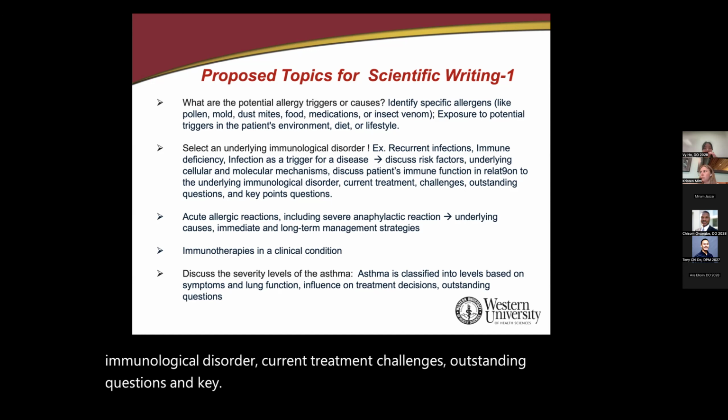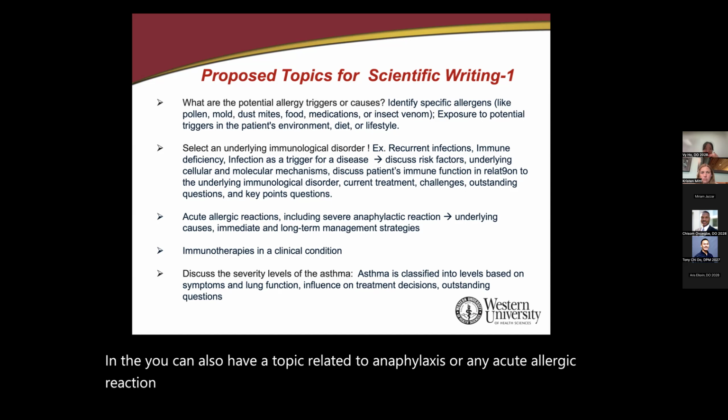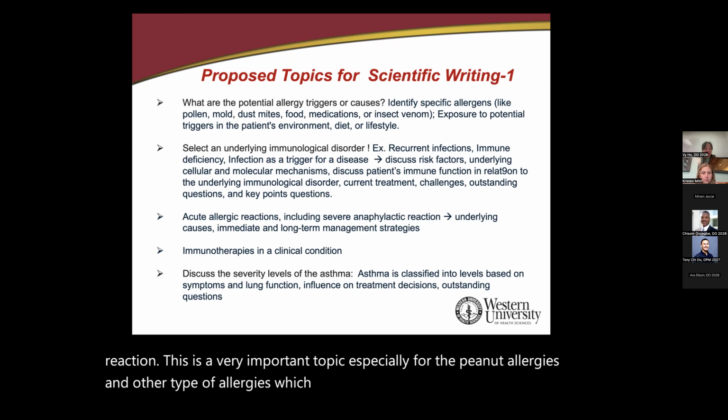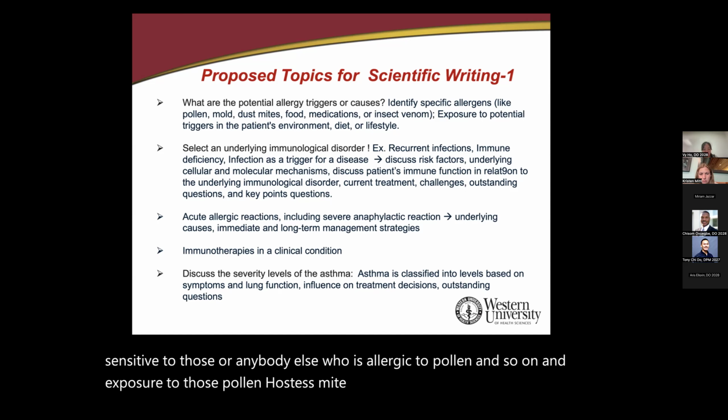You can also pick a topic related to anaphylaxis or any acute allergic reaction. This is a very important topic, especially for peanut allergies and other types of allergies, to which several children are very sensitive, or anybody else who is allergic to pollen and gets exposed to pollen, house dust mite, or something like that.